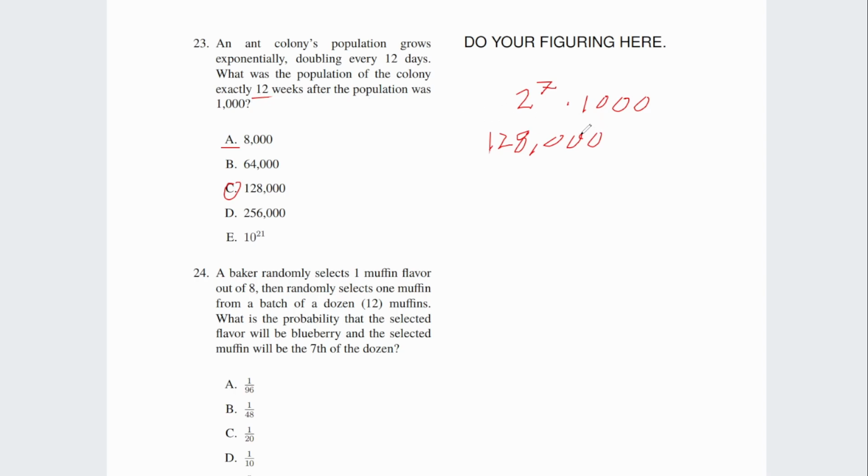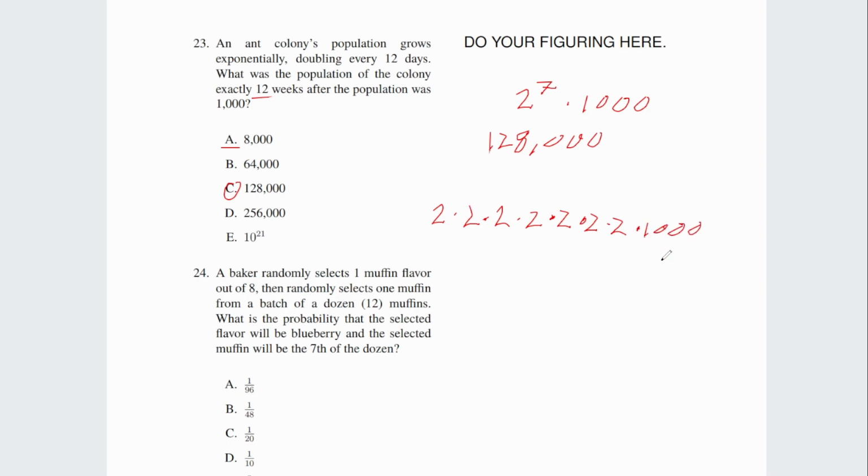And this is sort of something we can do, is we can say, okay, what is the rate of growth? It doubles 7 times, then we can say 2 to the 7th. And think about what this means. 2 to the 7th is the same as writing out 2 times 2 times 2 times 2 times 2 times 2 times 2 times 1,000.